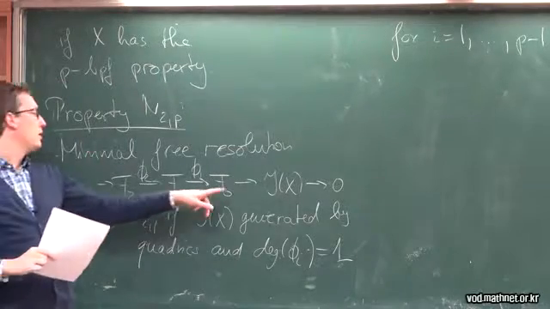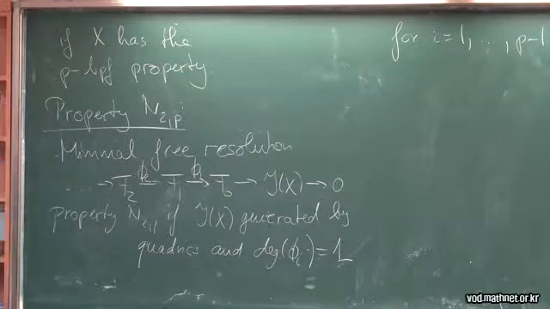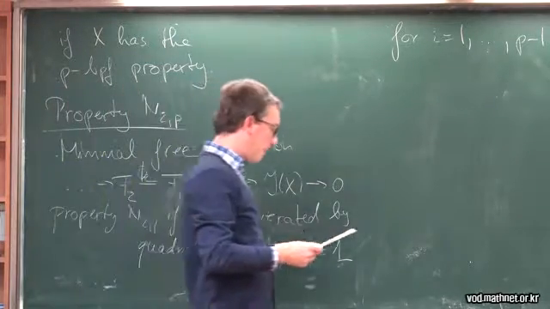So these syzygies are linear for a while, and p measures how long. Okay.